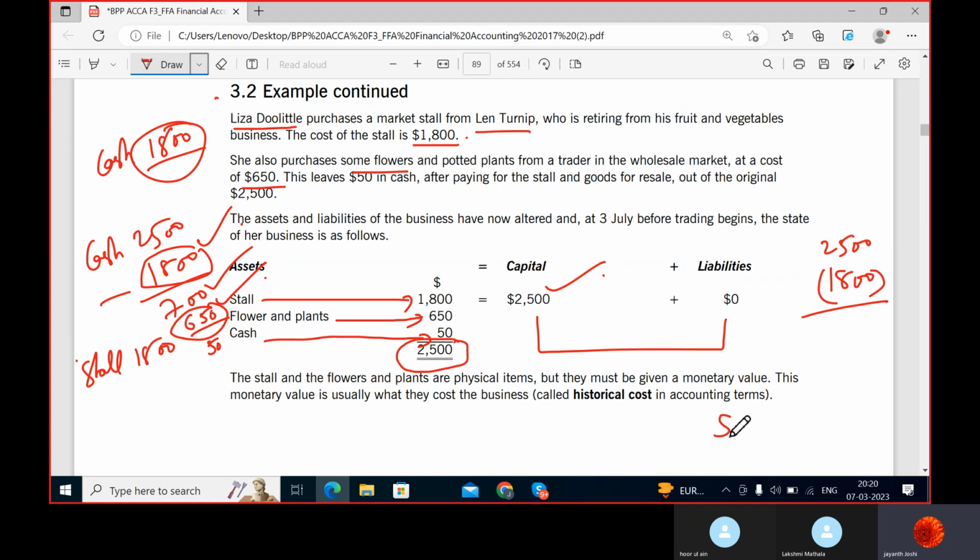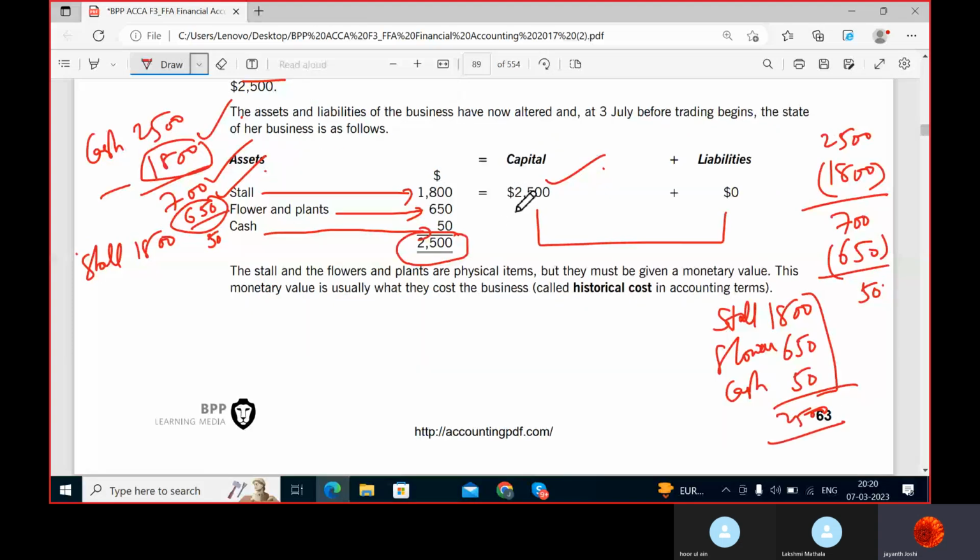Again, we will be using 650 of this cash for buying flowers. So flowers will come, and simultaneously the cash account will decrease. And now how much is left in the cash account? 50. So the cash account will show 50. So if you add up all this, it is adding up to 2500, correct? That is equal to the capital plus liability. Please tell me now.